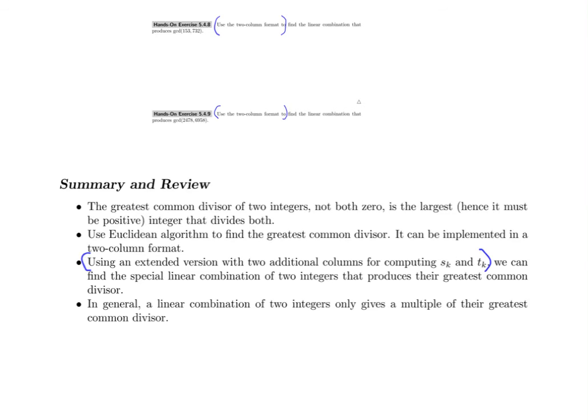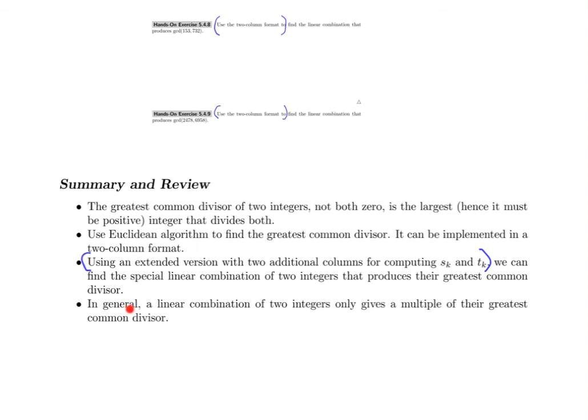The part I care about most in this third bullet point is we can find the special linear combination of two integers that produces their greatest common divisor. Whether you use the extended version of the Euclidean algorithm with two columns or the way that I demonstrated in the previous video, either way is fine with me.